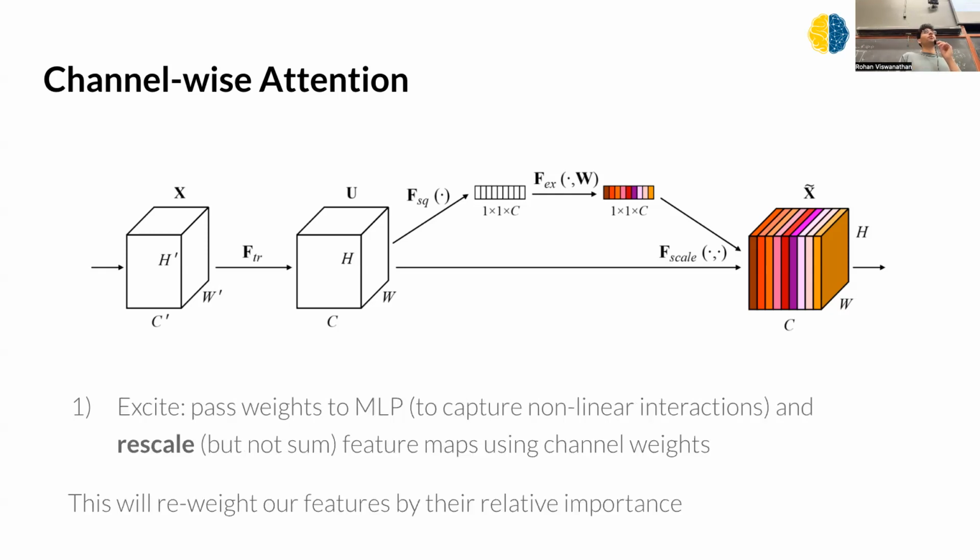Squeeze is the first step, where we determine those weights using the pooling, and excite is the second step, where we pass them into some kind of neural network to capture nonlinear connections. We're introducing nonlinearity, and then we're multiplying it by our feature maps to weight them. And again, this includes learned parameters.